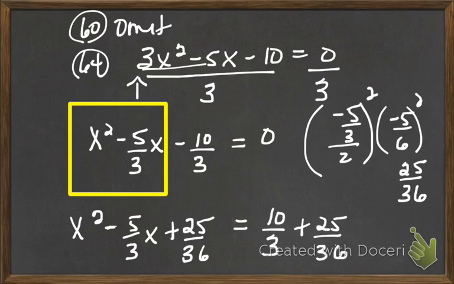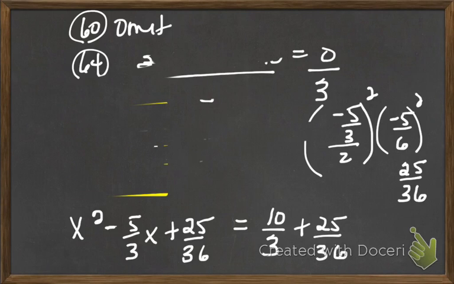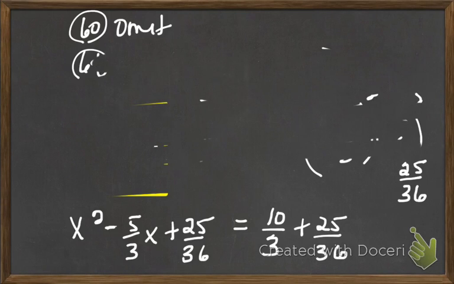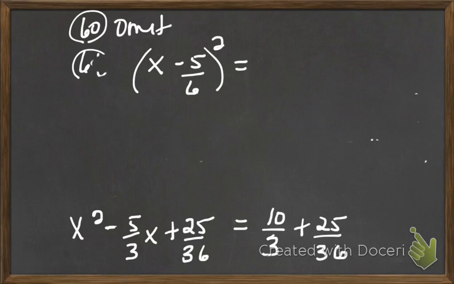You're going to factor the left-hand side. How does the left-hand side factor? X minus 5/6 squared. You're going to combine the terms over on the right.